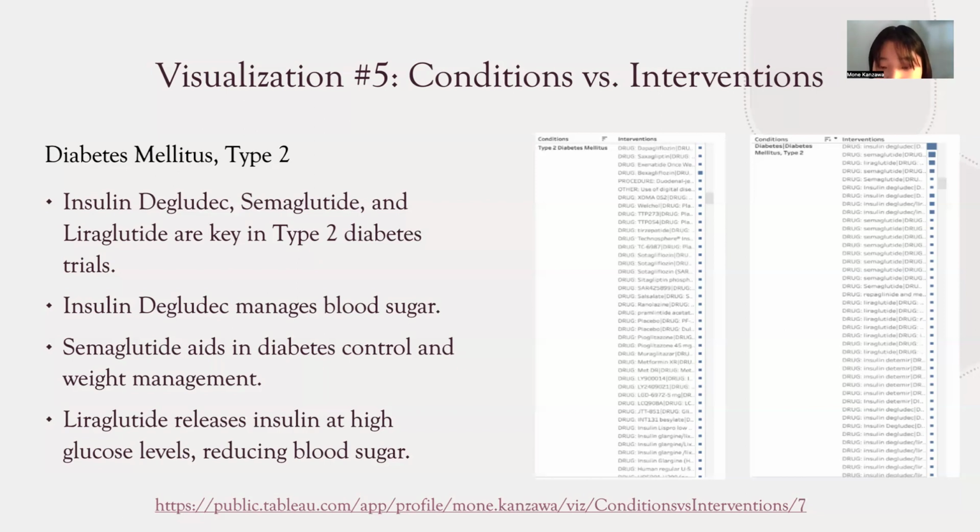It helps the pancreas release insulin when blood sugar is high. Liraglutide exerts its insulin secretory and other effects only when blood glucose levels are high and has clinically significant hypoglycemic effect. And now I'll hand it over to Maya, who will go over the conclusion.